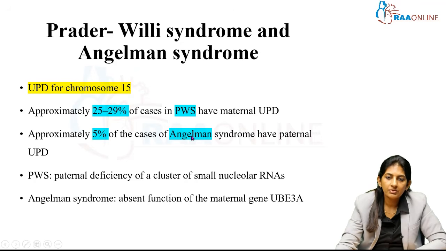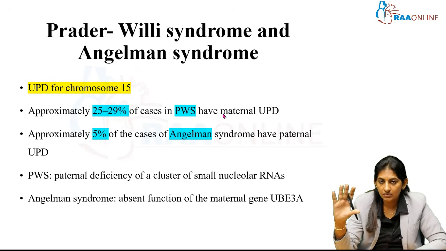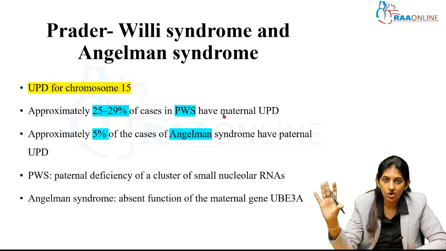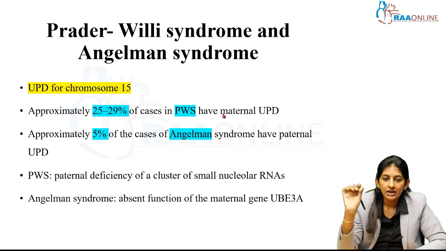In Prader Willi syndrome, 25% of the cases occur due to maternal uniparental disomy. Here the paternal gene is not there, so paternal inheritance is absent in Prader Willi. In Angelman, only 5% of cases occur due to uniparental disomy, and that is paternal UPD.